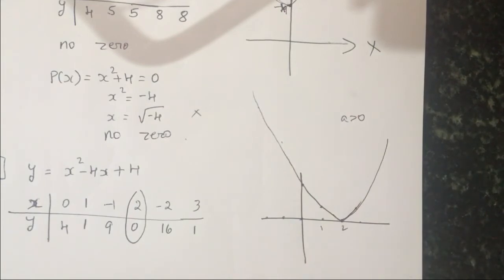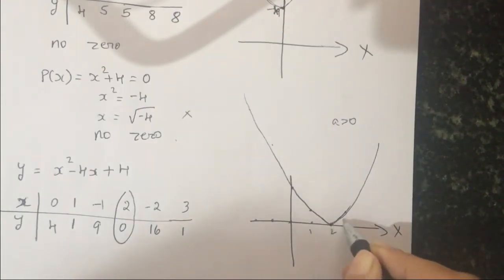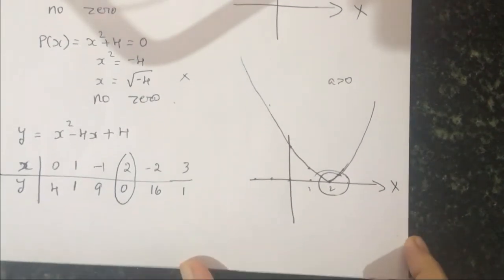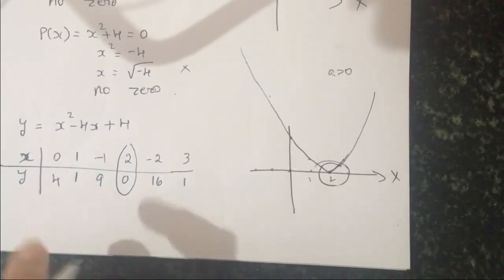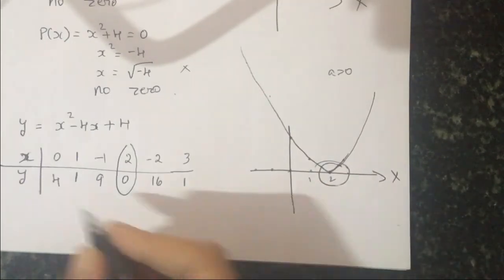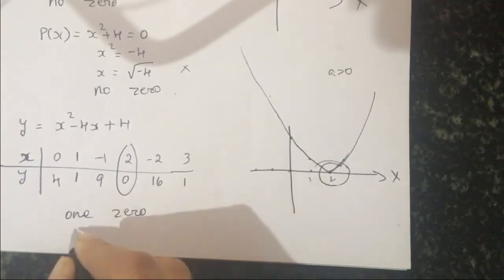You can observe it is touching the x-axis at exactly one point where the value of x is 2. So it has got only one zero, or in fact we say two zeros are equal. One zero or two equal zeros.